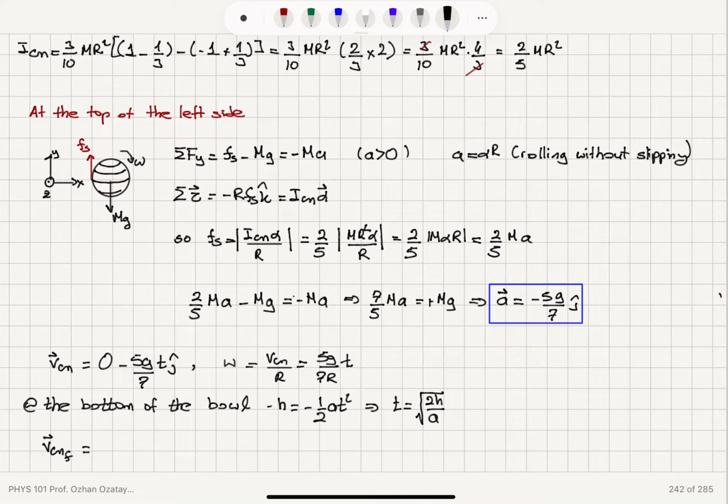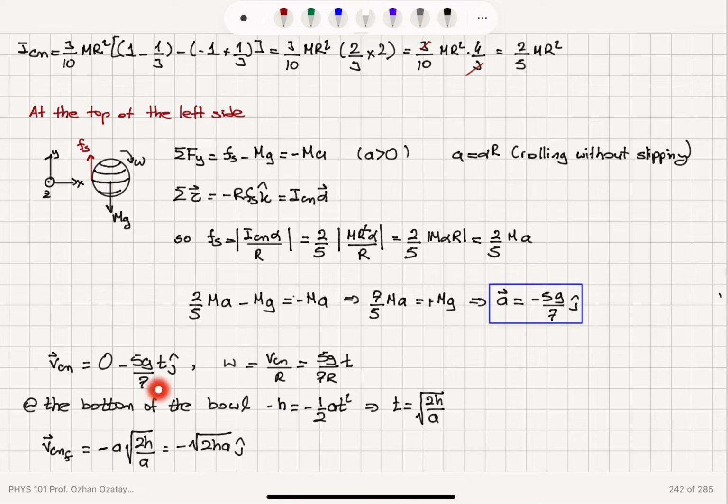It will be minus a t, so it's going to be minus a square root 2h over a, so it will be equal to minus square root 2ha j hat.